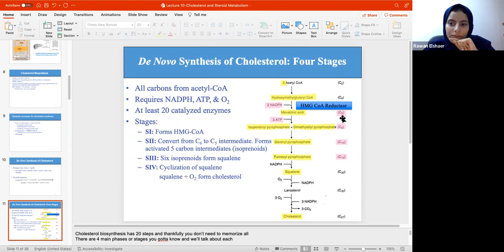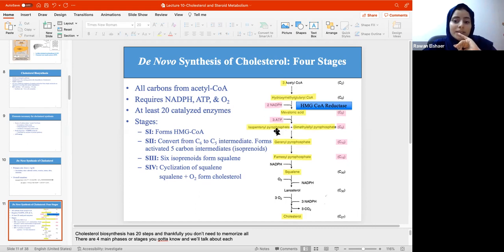That's why it went from a C6 to a C5, because it got decarboxylated. That means a carbon atom was removed. So it got phosphorylated twice, and if you look at the structure of this molecule, it has 2 phosphate groups. And it was decarboxylated, so it's C5, 5 carbon atoms, not 6. That's why you needed the 3 ATPs.